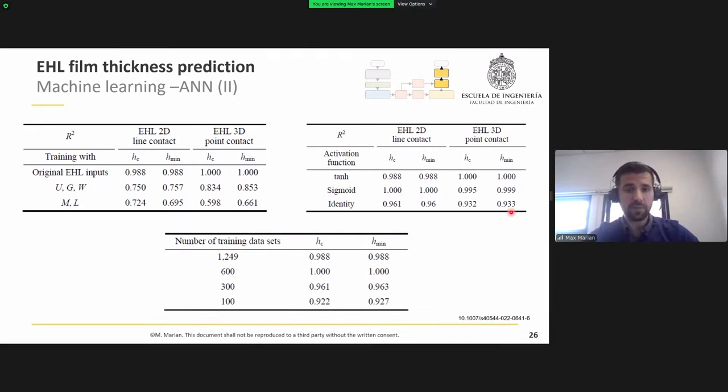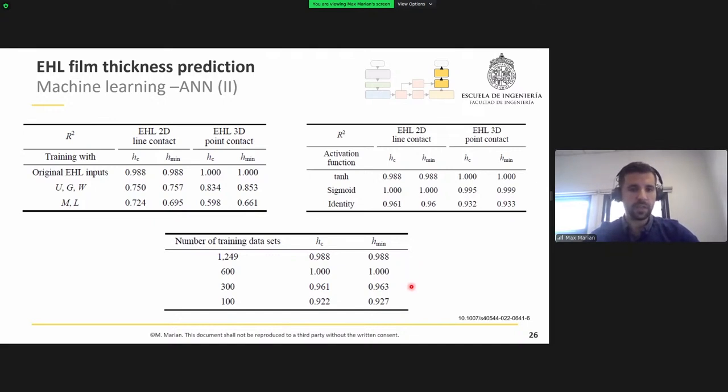And to minimize the efforts required to generate the database, generally it's advisable to keep the training data set as small as possible without affecting the prediction accuracy. So basically, we can see here the R-square values for the infinite 2D line contact with a varying number of input training data, and even when the original training data was reduced to 600 training data points, less than half, the R-square values were at a high level above 0.99, thus showing slightly better R-square values than the 1,200 training data sets, which might imply some overfitting.